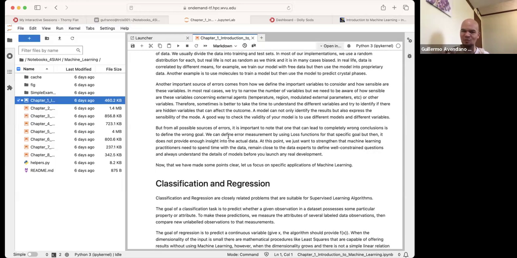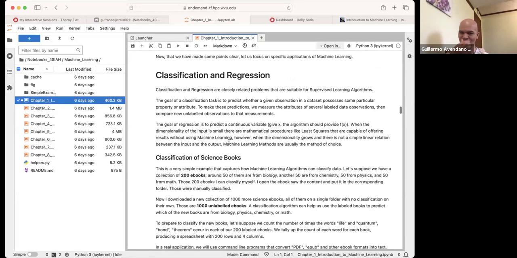The human nature could be part of the model, and that's something to pay attention to. But we will concentrate more on the technical side.